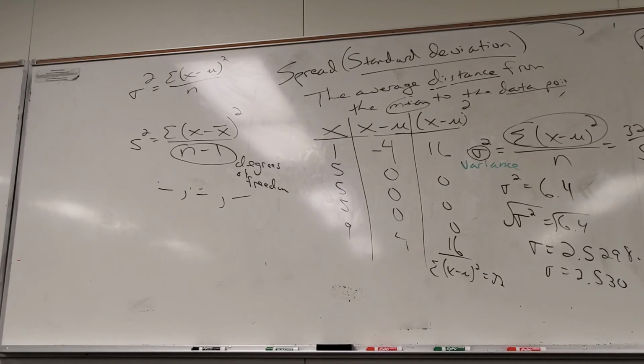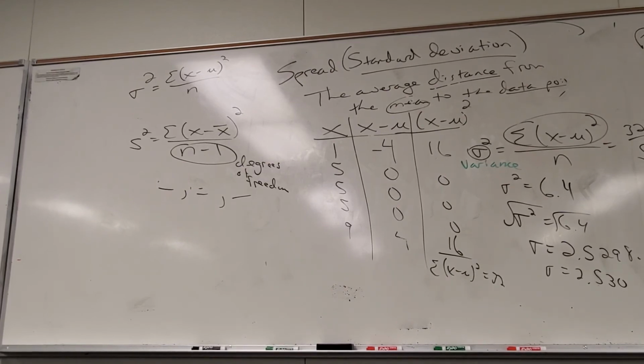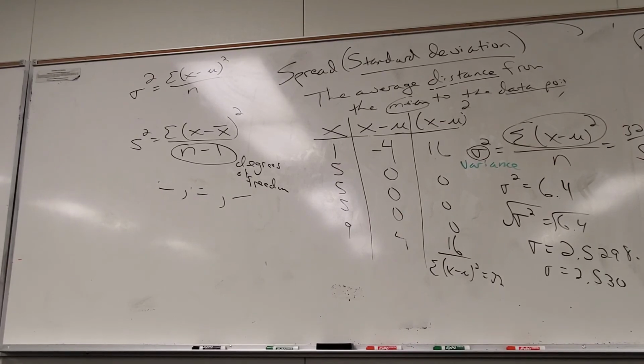Go up to L2, push second, and then push L1. When you've got L2 highlighted, you tell it L1, second 1 for L1. There's your L1, minus 5. So it says L1 minus 5.